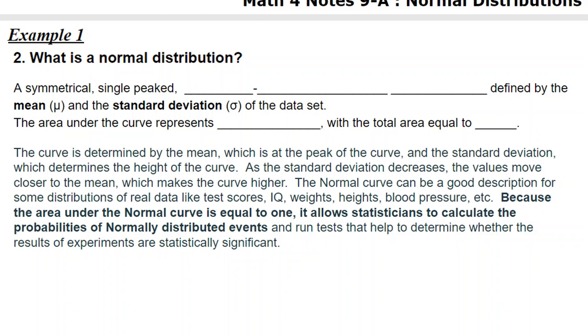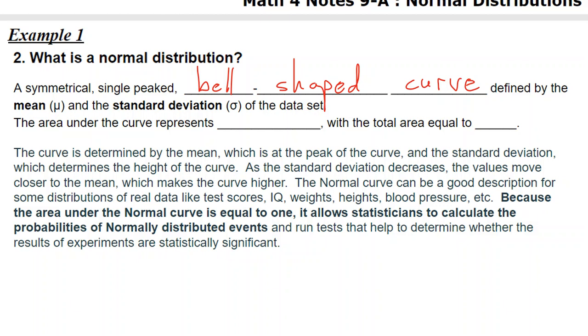All right, a symmetrical single-peaked bell-shaped curve. That's what a normal distribution is. It is defined by the mean and the standard deviation. Those are Greek letters. The Greek has both capital letters and lowercase letters. This is the lowercase mu, and this is the lowercase sigma.